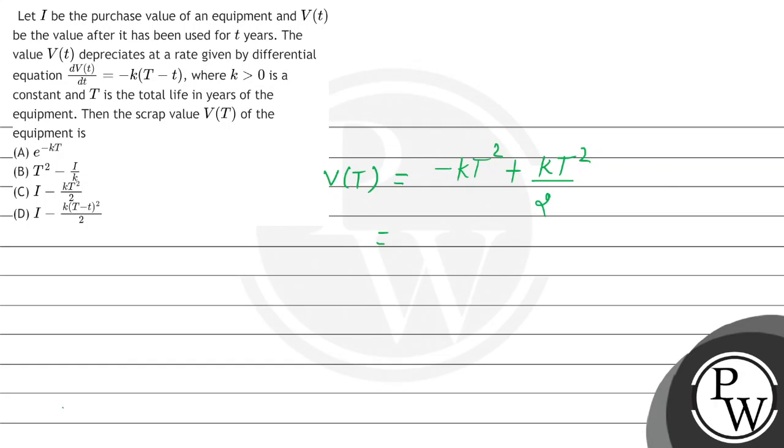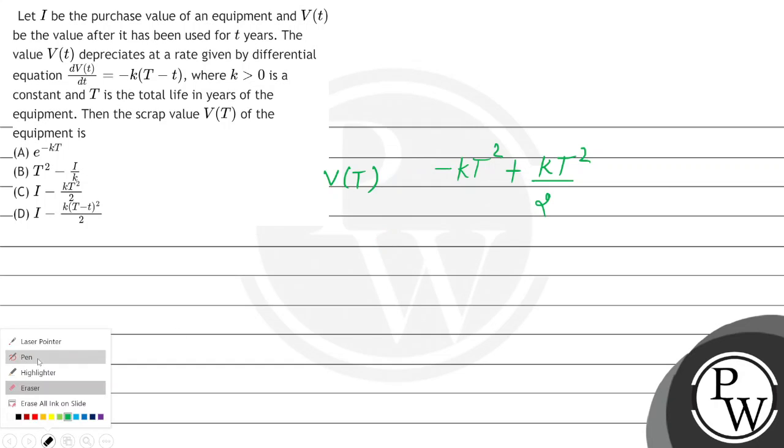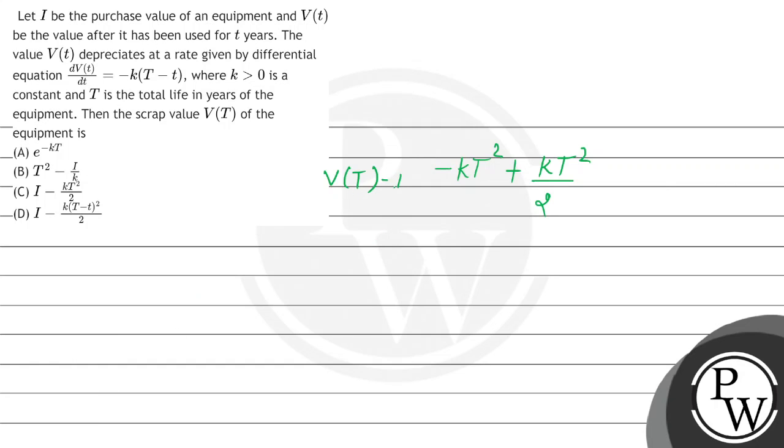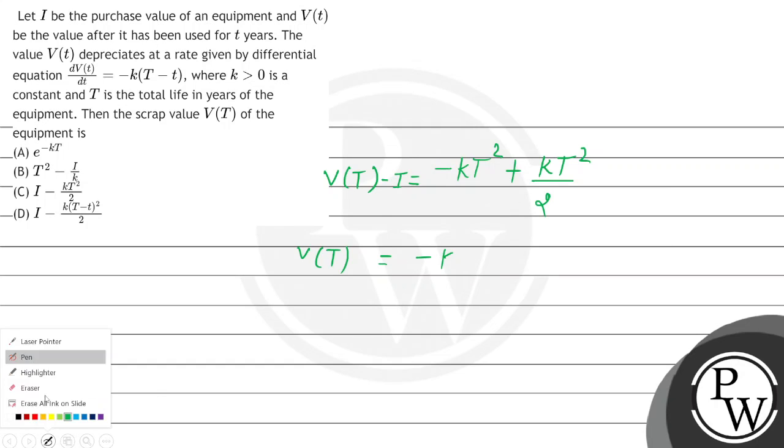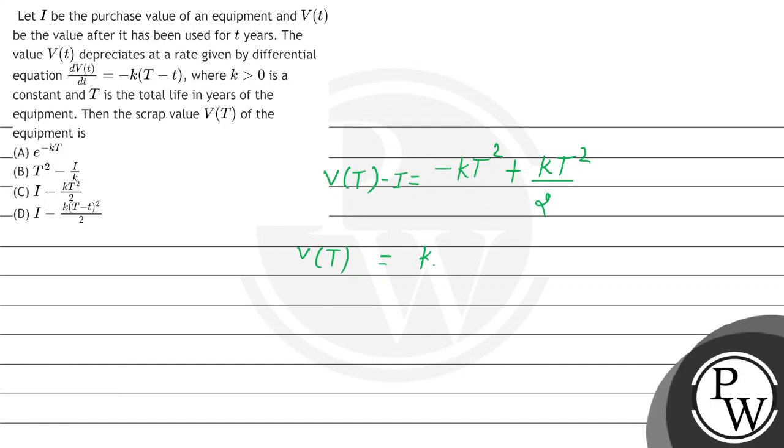First we'll write this minus I here. After solving further, we'll get V of T can be written as, now we'll send this minus I to the other side, kT square by 2, and this will be plus I.